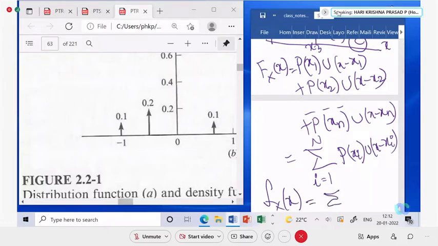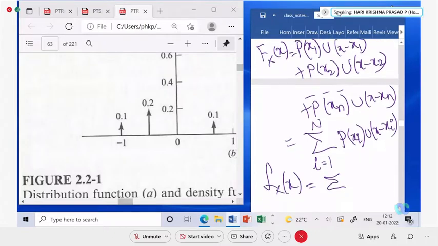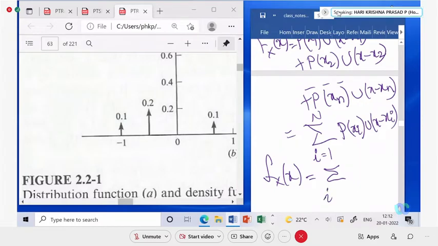So I am taking the derivative of this last expression. The summation exists. In this, p of x_i is a constant value, so I need not subject that to the derivative. Only the unit step function. When I take the derivative of the unit step function, I get the unit impulse function.